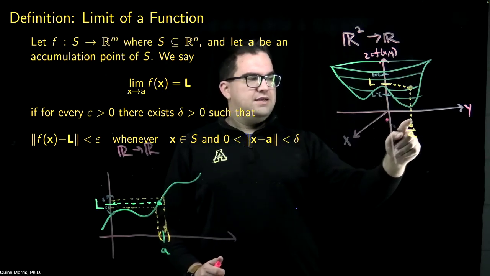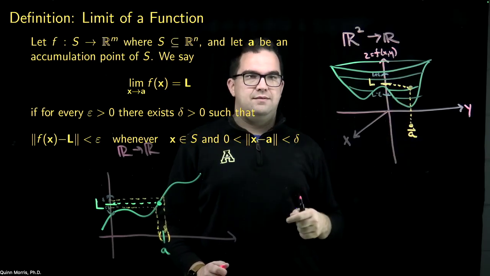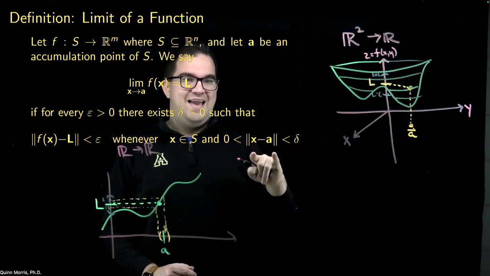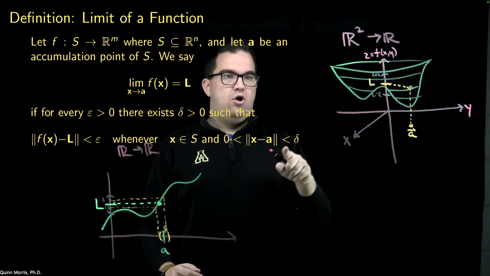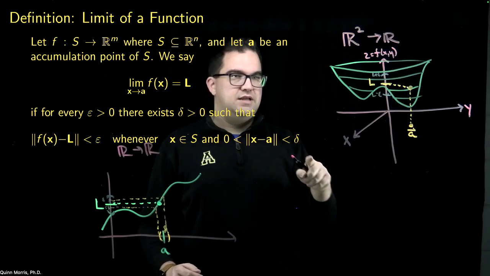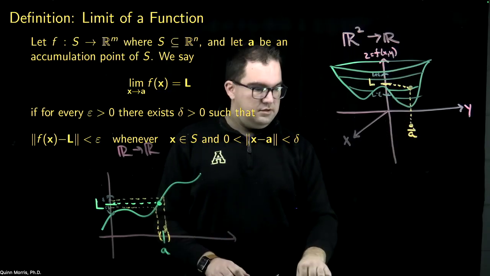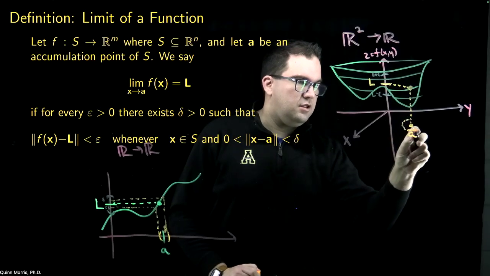So if I look at this, I want to think about what are the values in the domain that are within distance delta of A. Well, since I'm in R2, if I look at all of the points that are within distance delta, and let's use orange here, that actually gives me a little delta ball.